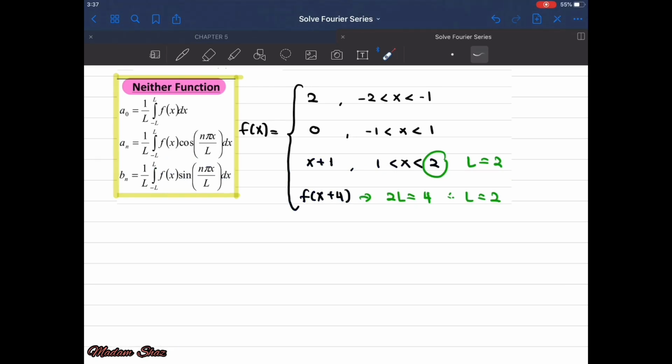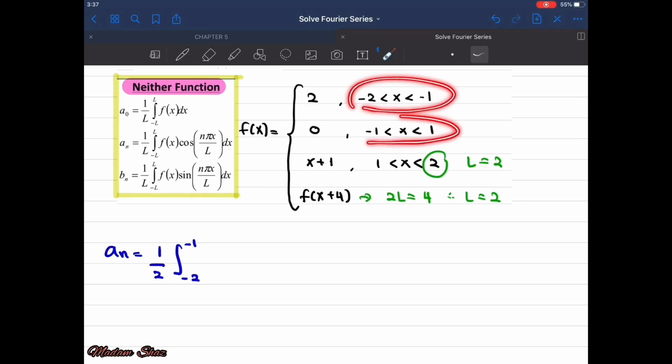Okay, now let us continue to calculate the value for an. an is equal to 1 over L, 1 over 2, integrate from negative 2 until negative 1. So we already know that we have to separate according to the limit, so we can directly separate here.